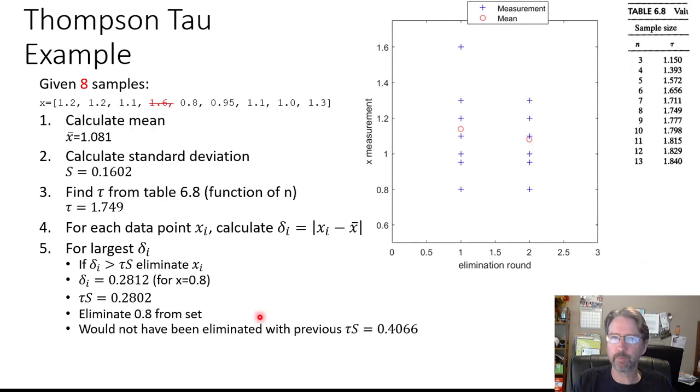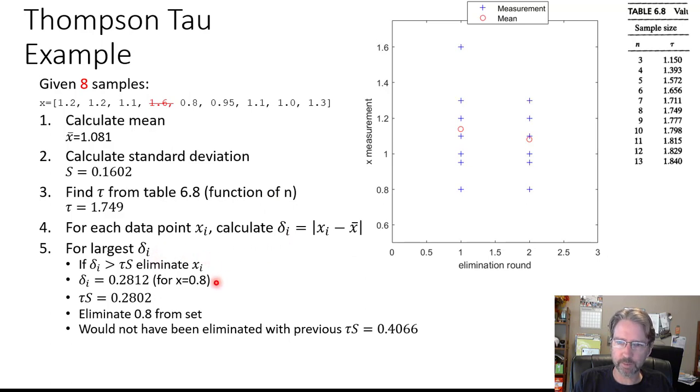Now we go back and we have a new set of data. Now we have 8 samples. We've eliminated this one. So we're over here. This is our new set, elimination round 2. We get a new mean. We get a new standard deviation. We get a new tau because our n is now 8. We calculate again all the deviations and check the largest.